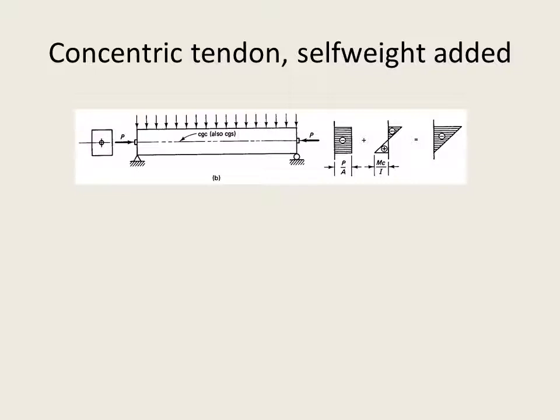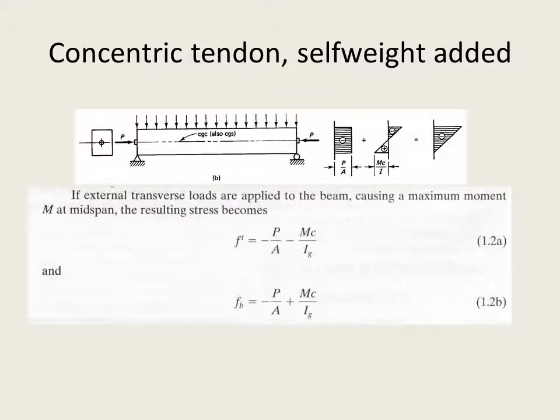So presumably it will be rectangular. If the goal is to reduce the tension at the bottom, writing the formula, we have f_T, or the stress at the top, equals negative P over A minus M C over I_G. I_G is the gross, meaning you are considering the entire rectangular cross section, so you did not reduce the area for the tendon in the computation.